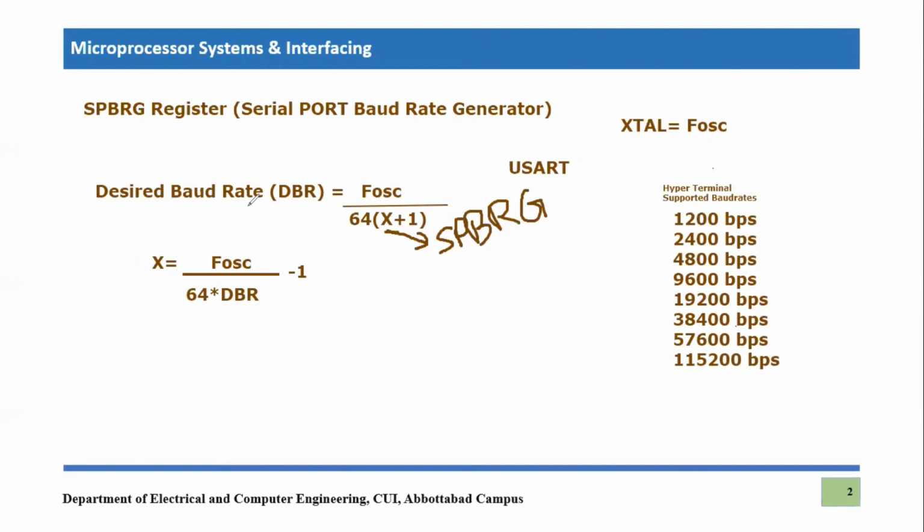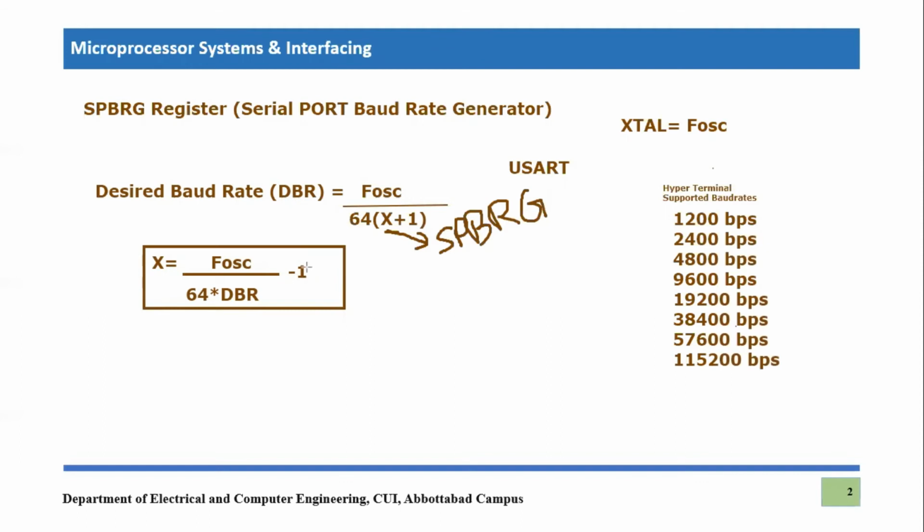We have to choose this value very smartly. So for a given desired rate, if we reshape the formula for the value of x, or the value of SPBRG, it becomes x = FOSC divided by 64 times DBR, minus 1, where DBR means desired baud rate.